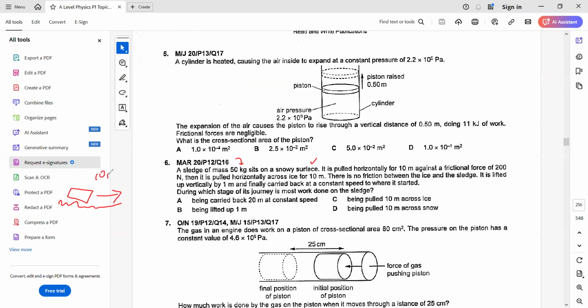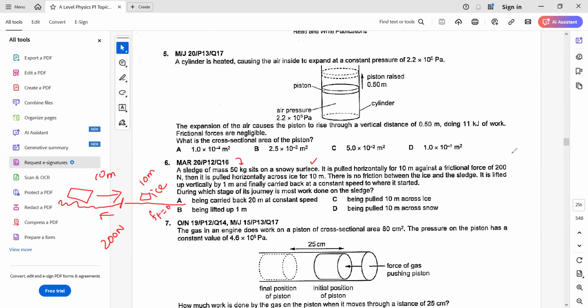Then it is pulled horizontally across ice for 10 meters. So once this snowy surface ends, there is an icy surface and the same sledge is now pulled 10 meters on the icy surface. There is no friction between the ice and the sledge. So there is zero friction here.